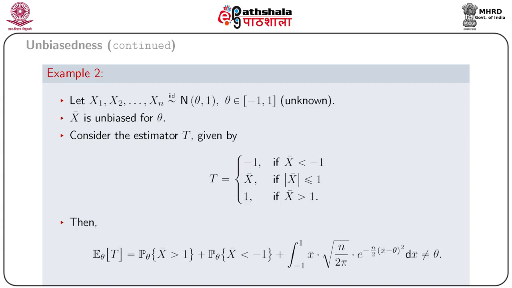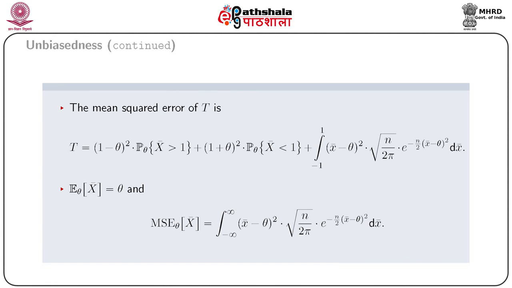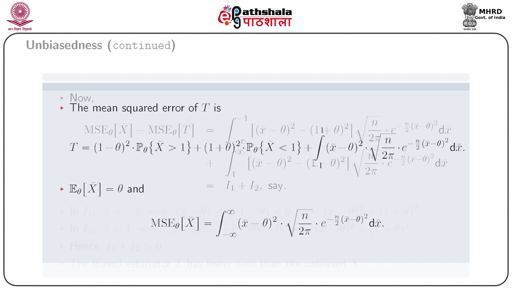Then expectation of T equals probability X bar greater than 1 minus probability X bar less than minus 1 plus the integral from minus 1 to plus 1 of X bar f(X bar) dX bar. Clearly, expectation of T is not equal to theta and T is a biased estimator of theta.